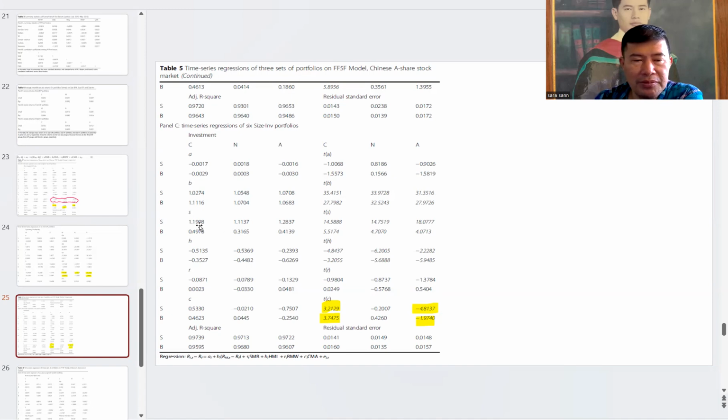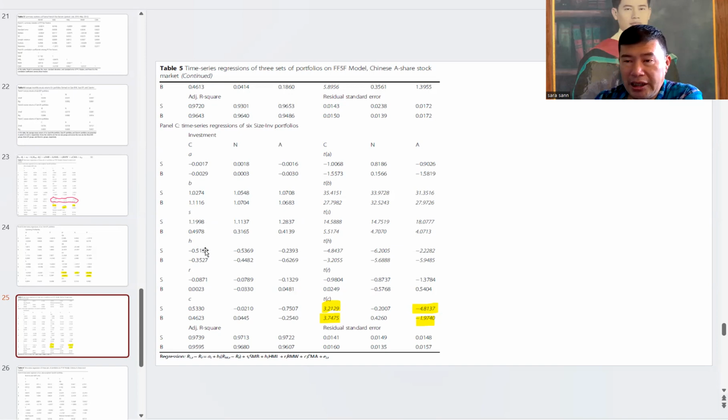So 119%. This one is also the greatest number over here. It means when the size increases, the excess return of the size to return on investment goes up by 120%.